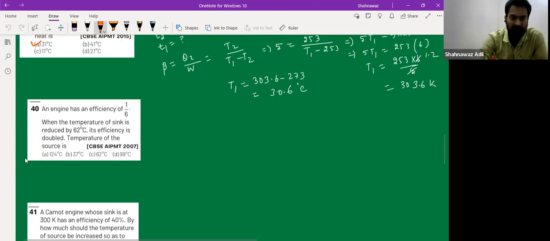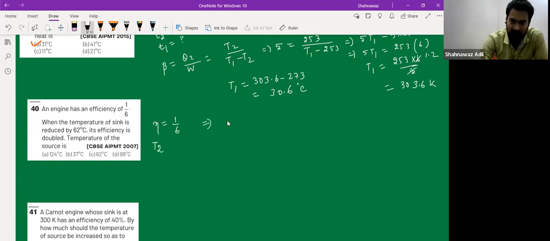An engine has an efficiency of 1 by 6. So eta is given, 1 by 6, right? When the temperature of the sink is reduced by 62 degrees Celsius, whatever the temperature of the sink was, this was T2, right?